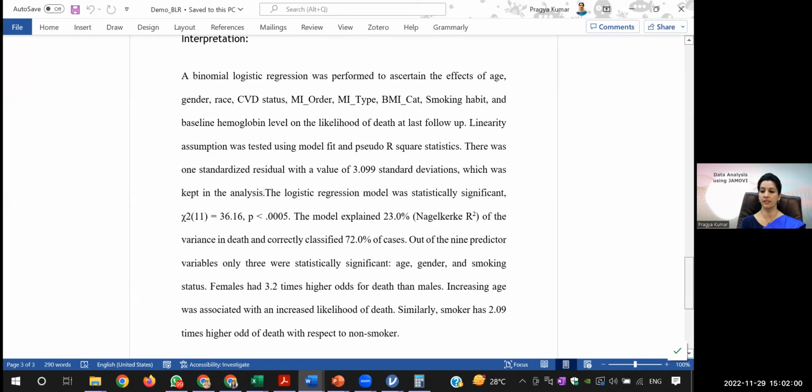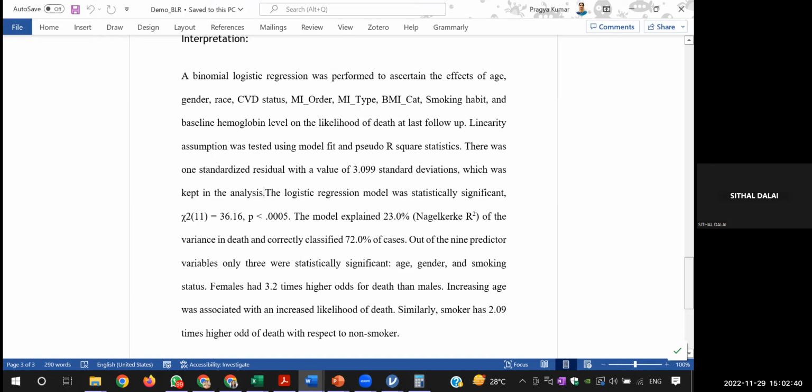So one of you can read this for me. Maybe Sheetal can do that because I can see her now. Her or him, I don't know. Yes, ma'am. Okay, her, I'm right. So a binomial logistic regression was performed to ascertain the effects of age, gender, race, CVD status, MI order, MI type, BMI category, smoking habit, and baseline hemoglobin level on the likelihood of death at last follow-up.